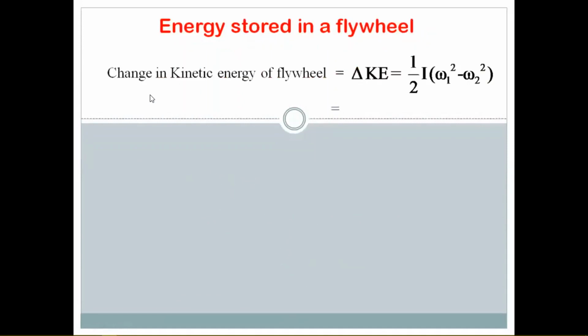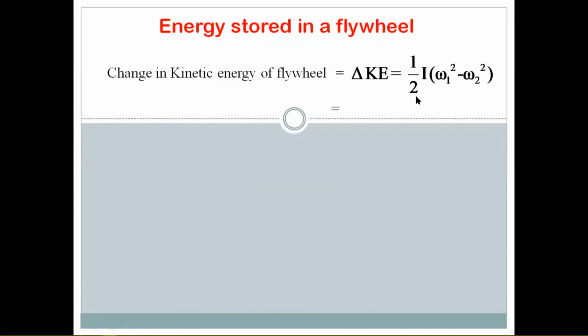Now the kinetic energy of the flywheel in the previous case is 1 by 2 into I omega square. Now the change in kinetic energy, that means kinetic energy at maximum speed and kinetic energy at minimum speed, that is the difference in the kinetic energy. That means the change in the kinetic energy of the flywheel, delta E, should be 1 by 2 into I into omega 1 square minus omega 2 square.